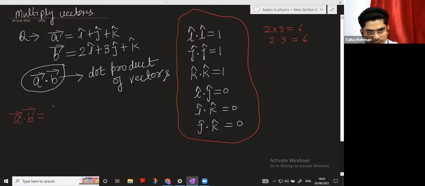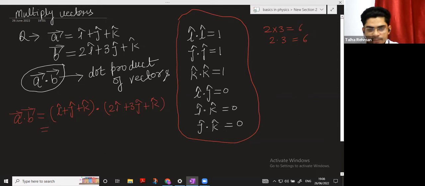So first you write a vector. What is a vector? A vector is I cap plus j cap plus k cap, and now this is dot. This is 2 I cap plus 3 j cap plus k cap.